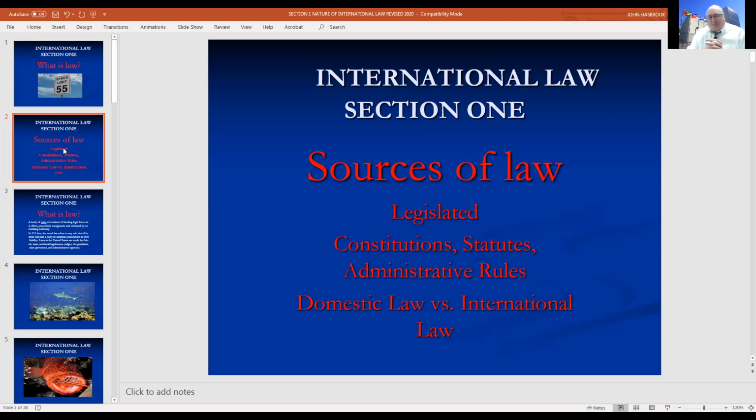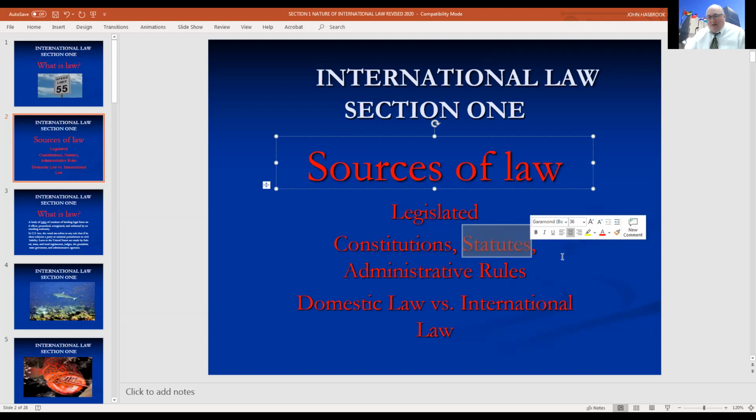And so typically we think of law as being primarily created through constitutional law, like the United States Constitution, or what we call legislated law, which is law that is created by a legislative body within a government. Those are usually known as statutes, which are laws created by a legislature.